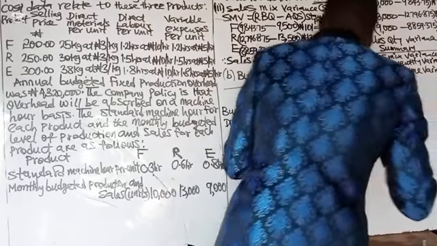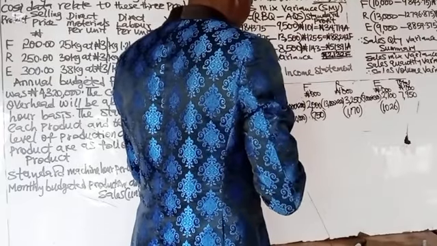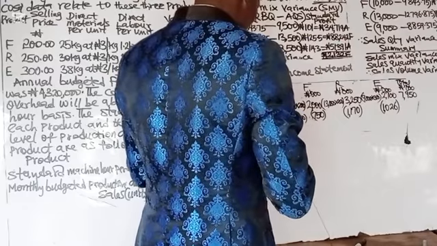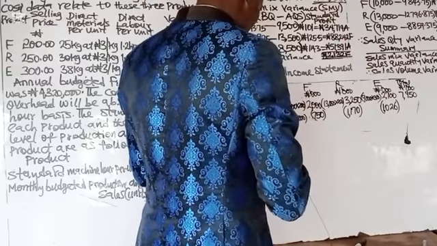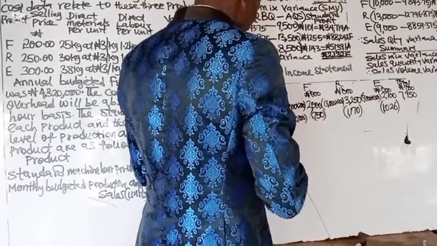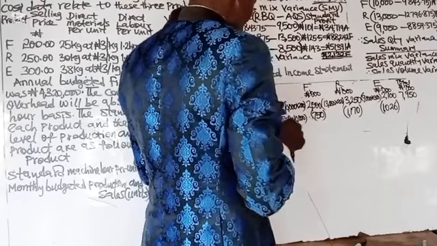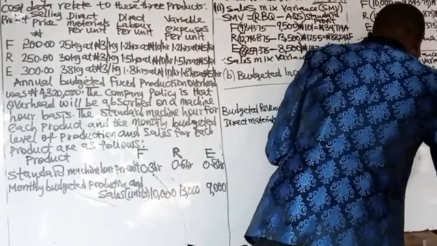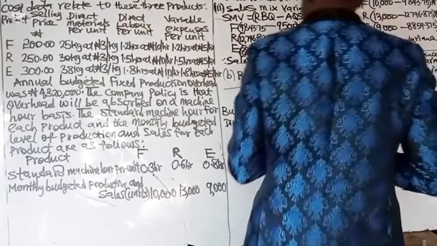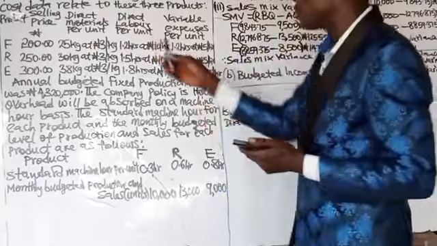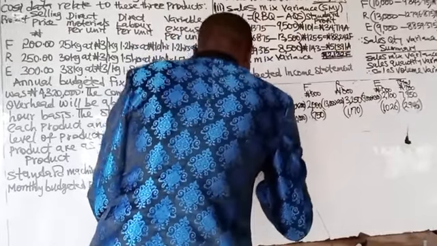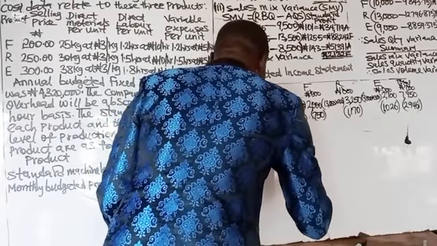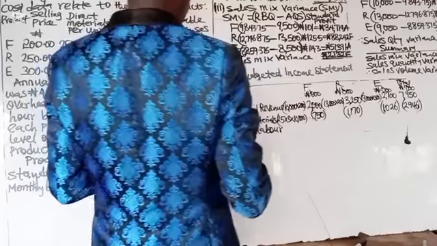For the three products now, we have the totals. Then we also have direct labor. I will solve this B part in two ways.